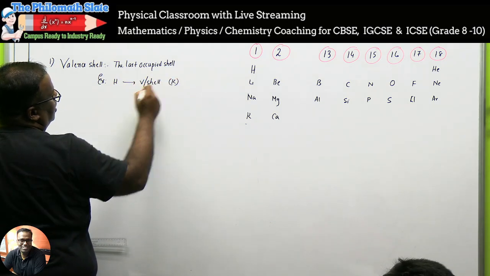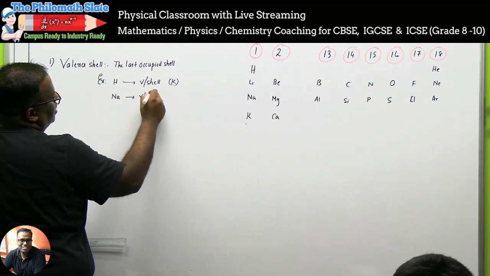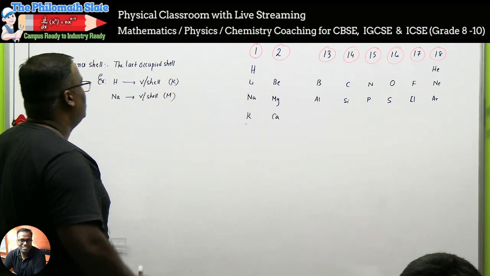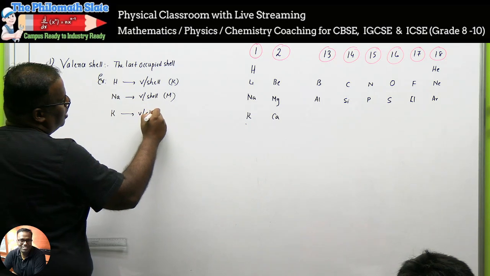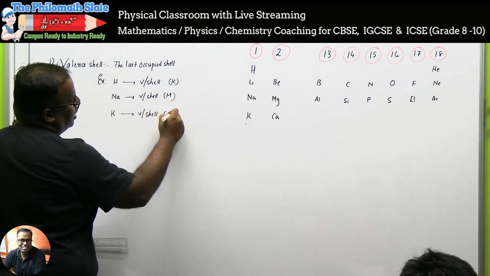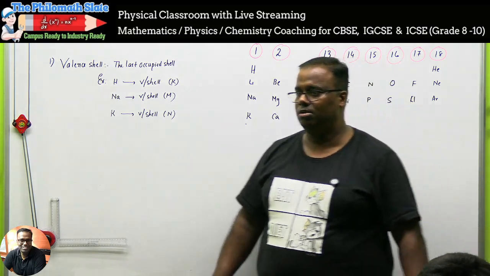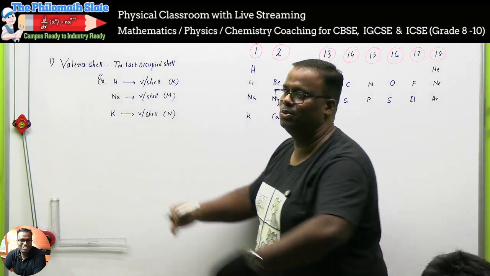In sodium, the valence shell is M. And in potassium, the valence shell would be N. Have you understood this or not? The valence shell is the last occupied shell, meaning the shell that is farthest from the nucleus.